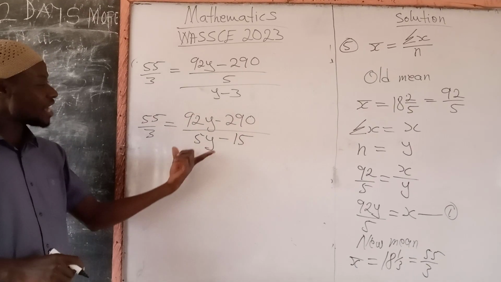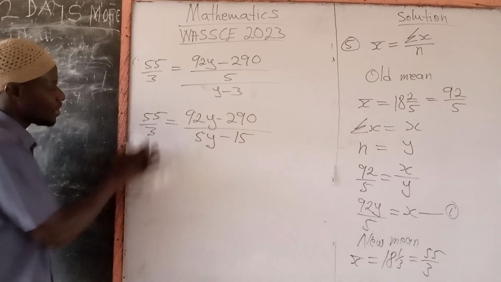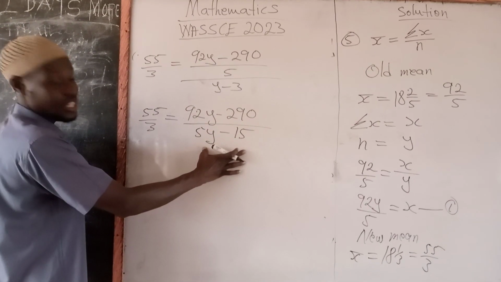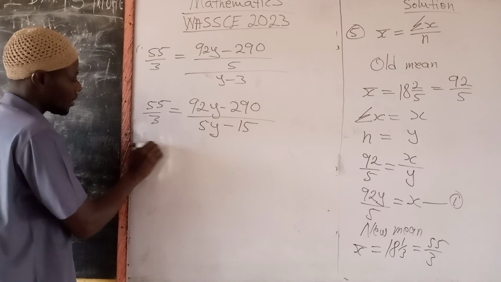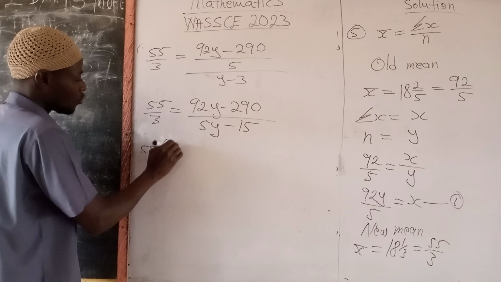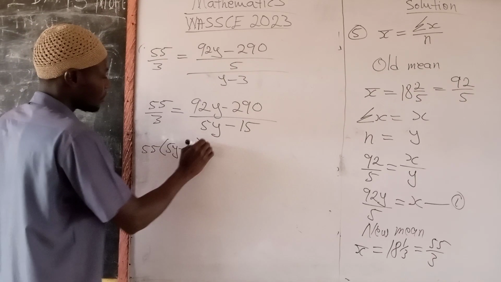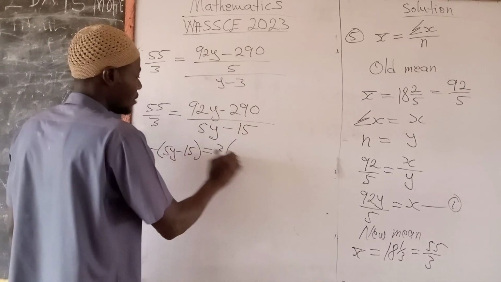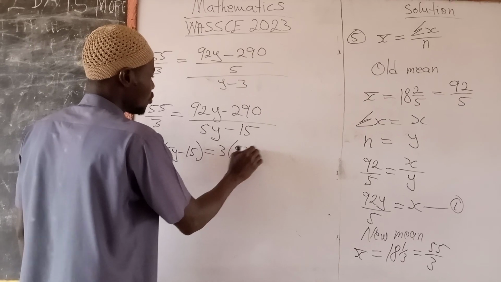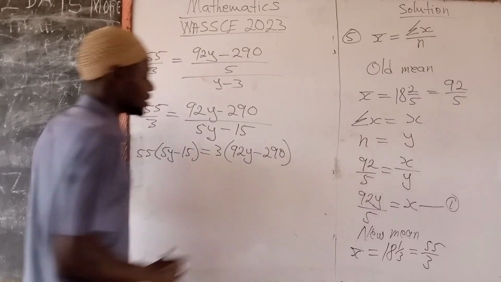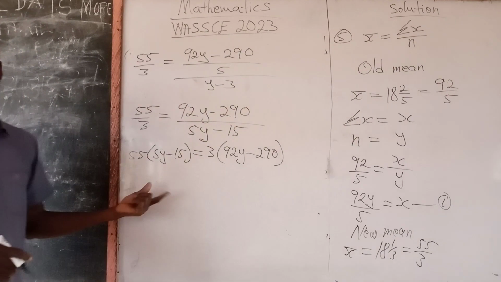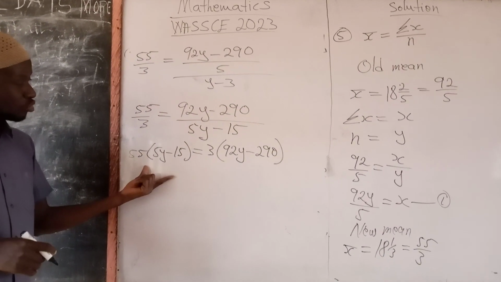Then from here, you cross multiply. Pick 55, multiply by the denominator here. Pick 3, multiply by the numerator here. So we have 55 bracket open 5y minus 15 being equal to 3 bracket open 92y minus 290. So this is what we are going to have if we cross multiply.